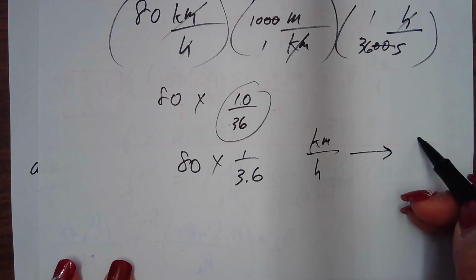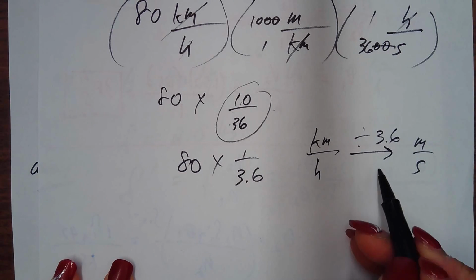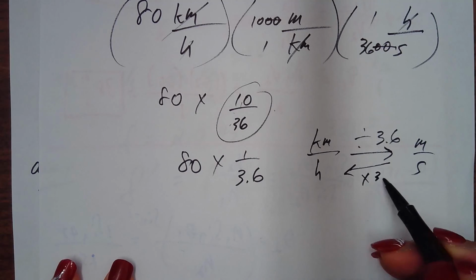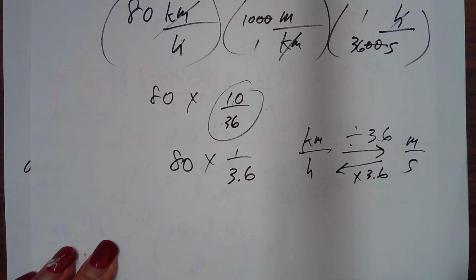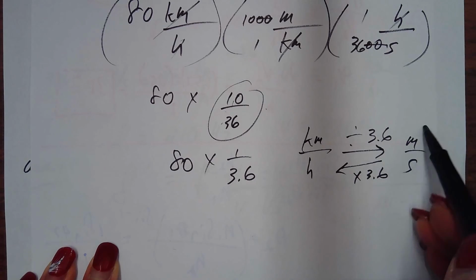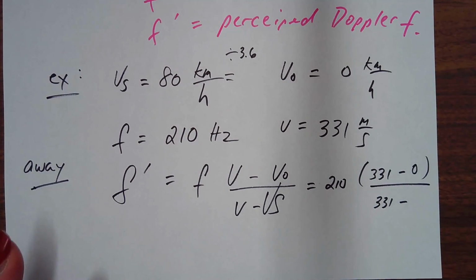So again, just a quick review. When you're going kilometers per hour to meters per second, you just divide that by 3.6. If you're going the other way around, you multiply it by 3.6 because of that unit conversion. It just makes it faster because we always use kilometers per hour, but we need meters per second. So at least know the conversion between these two.